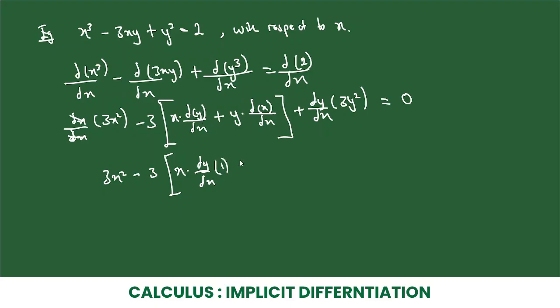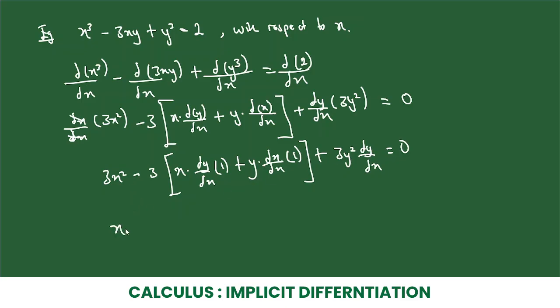We get 1. So plus y. What variable are we differentiating? We are differentiating x, so dx with respect to x, and when you differentiate x, we get 1, plus 3y squared dy over dx is equal to 0.